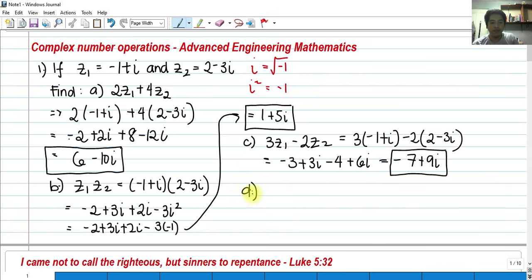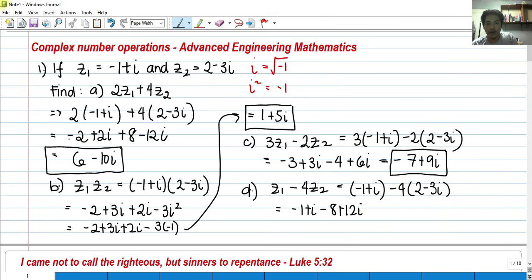Okay, for letter D, we shall try to find z sub 1 minus 4 times z sub 2. So we have -1 plus I minus 4 times z sub 2, that's 2 minus 3i. Then we have negative 1 plus I, and distributing this negative 4, that's negative 8, and then we have plus 12i.